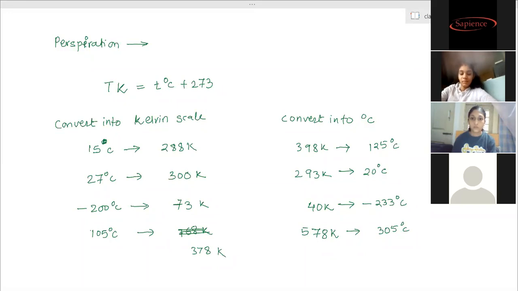In case of melting, only in water the melting point decreases. But for all others, it will increase. In water only, by increasing pressure, the melting point decreases, because at 0 degrees Celsius the behavior of water is different.